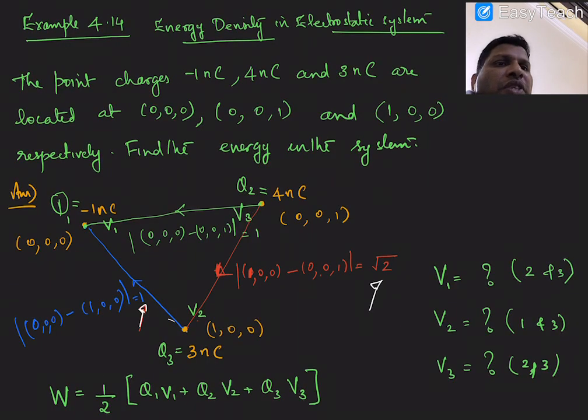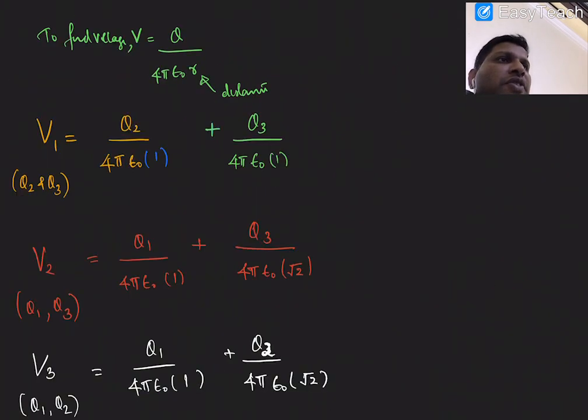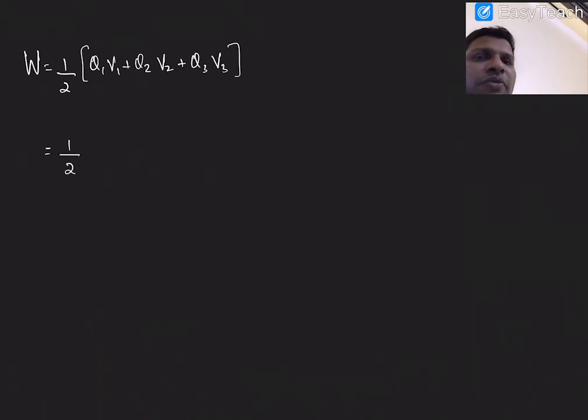So we will use these expressions in the equation that we have shown here for the total energy in the electrostatic system. So W is equal to half of Q1 V1 plus Q2 V2 plus Q3 V3. So this becomes half of Q1 into V1.